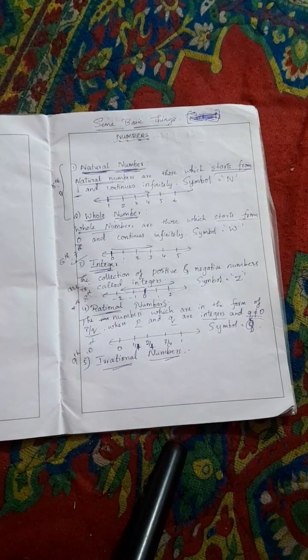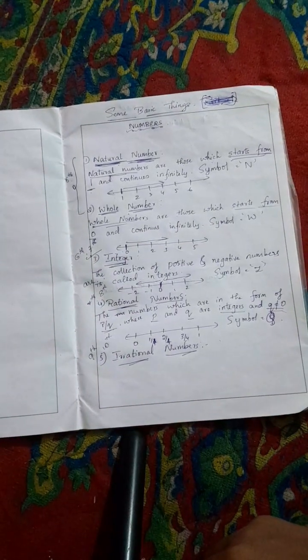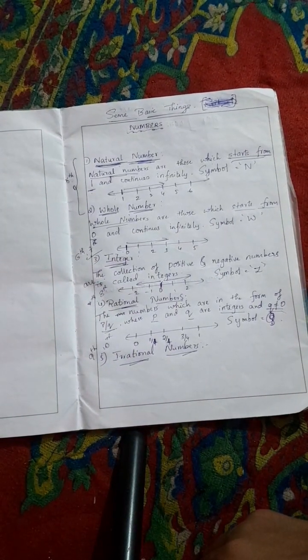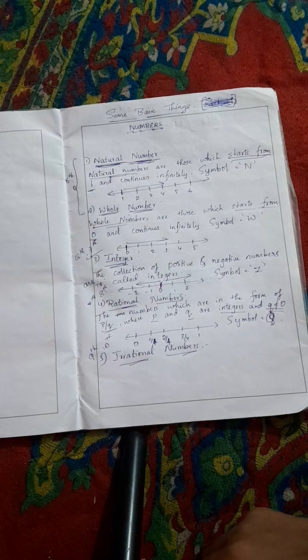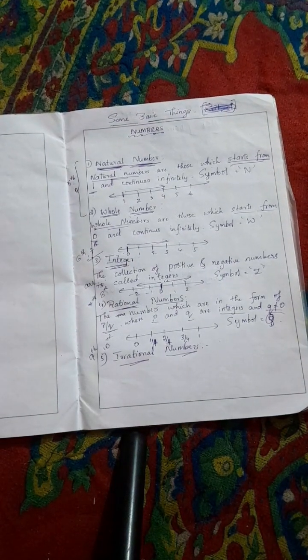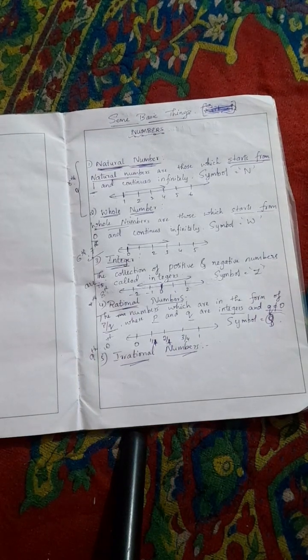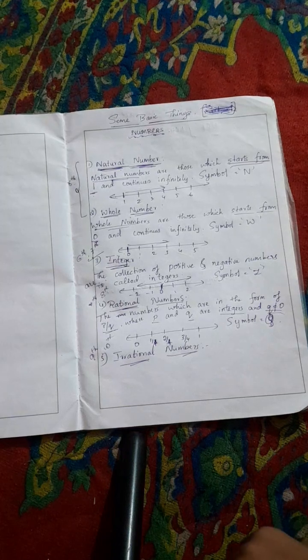In 6th, have you learnt about rational numbers? I hope you have learnt. In 6th, you have learnt about fractions, I think. Am I right? I hope you have learnt about fractions. It is the same way, but in rational numbers, the difference is that there is a minus sign.